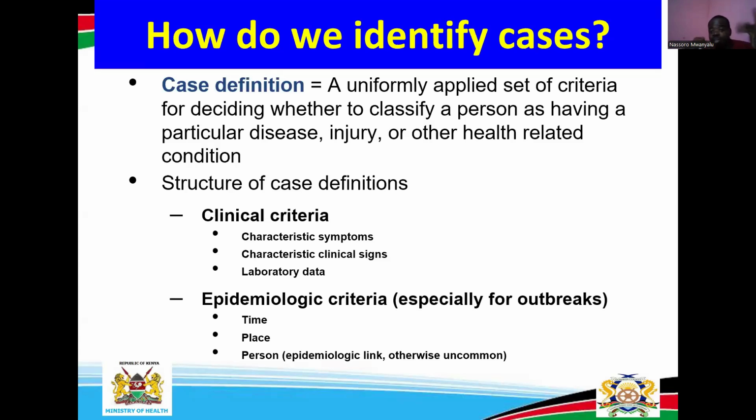A case definition is a uniformly applied set of criteria for deciding whether to classify a person as having a particular disease, injury, or other health-related condition. In terms of case definition, I can just borrow a lot from the COVID-19 outbreak.